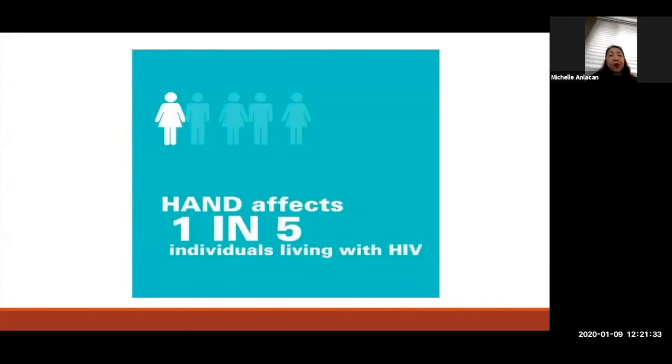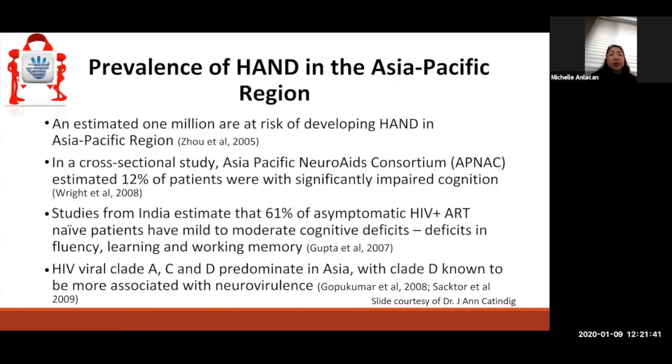So HAND is very common. It affects 1 in 5 individuals living with HIV. Next, please. So let's look at regional data. In the Asia Pacific region, an estimated 1 million are at risk for developing HIV-associated neurocognitive disorder. So this cross-sectional study estimated 12% of patients already have significantly impaired cognition.